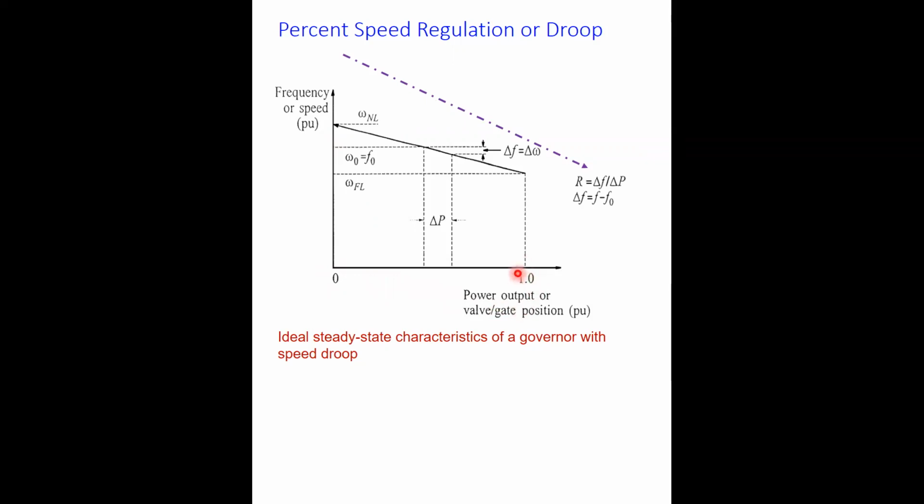And thus this is the droop characteristic, which is a negative slope characteristic. This is how we define the droop: the slope of this characteristic, the ratio of the frequency deviation to the deviation in the power.